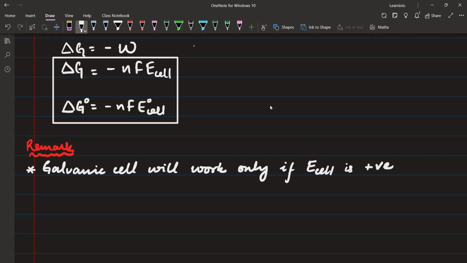When delta G is negative, the reaction will occur in the galvanic cell. So we can write the galvanic cell will work when E cell is positive, delta G is negative, and the reaction will be spontaneous.